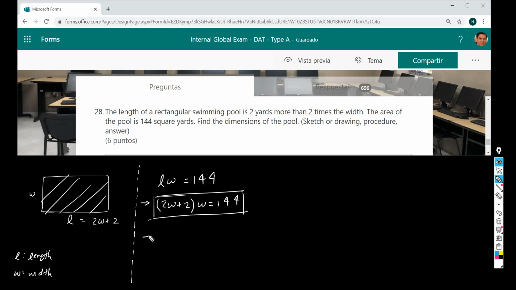Because you get the following, look, 2w squared plus 2w equals 144, and you're not supposed to know how to solve this yet. So if you got to this point at least, if you have written this equation or this, any of these two things, the problem should be correct.